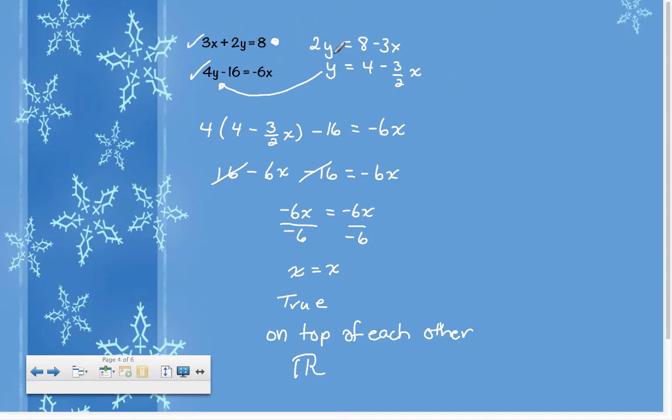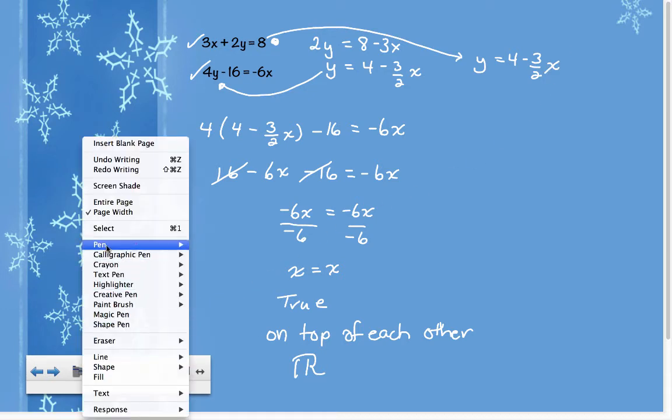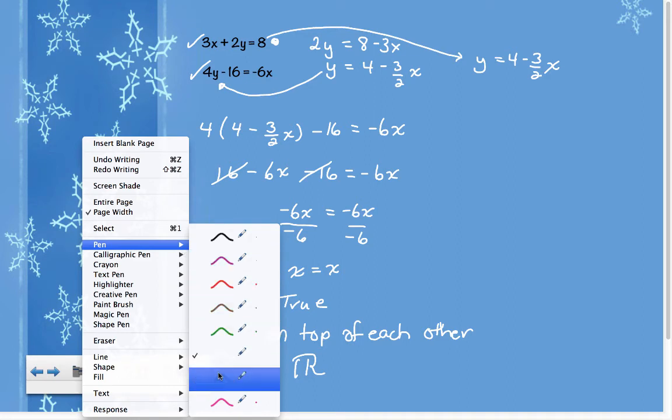See, this first one, when we solved it for y, it's y equals 4 minus 3/2 x. Well, I'm going to solve the next one for y also. Let me get a different color pen so it stands out.